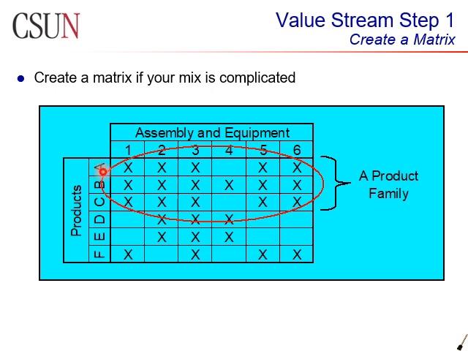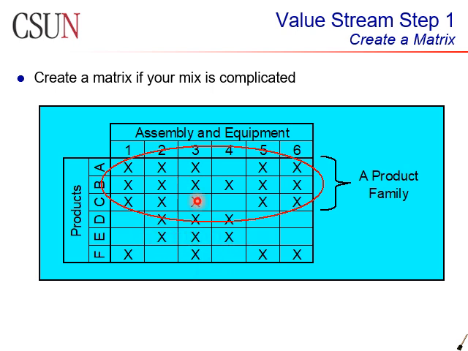So product A requires processing in 1, 2, 3, 5, and 6. B requires processing in 1, 2, 3, 4, 5, and 6. Product C requires processing in 1, 2, 3, 5, and 6. E and D require processing at 2, 3, and 4.